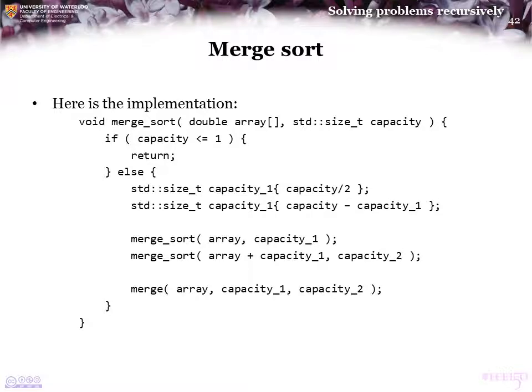That's it. A very elegant and simple algorithm, and one that is reasonably fast. Indeed, in your second year course on algorithms and data structures, you will learn that this function is significantly faster than either insertion sort or selection sort.